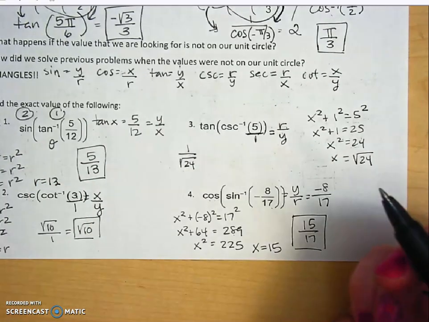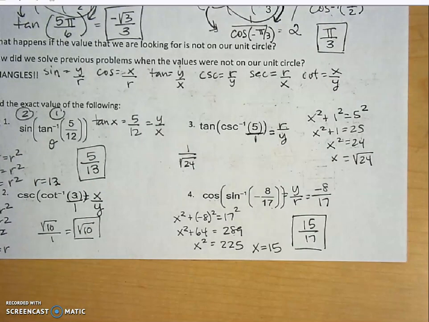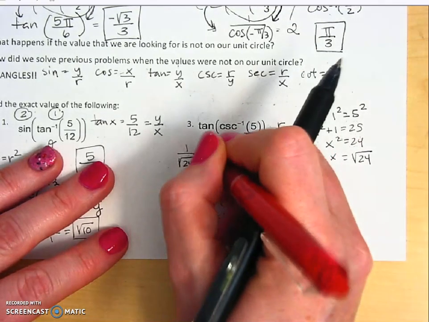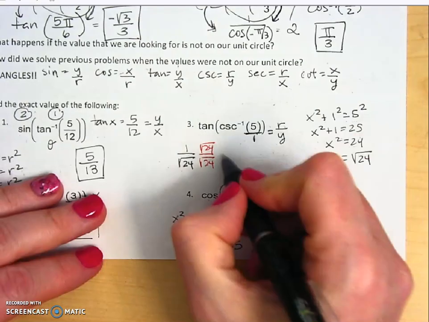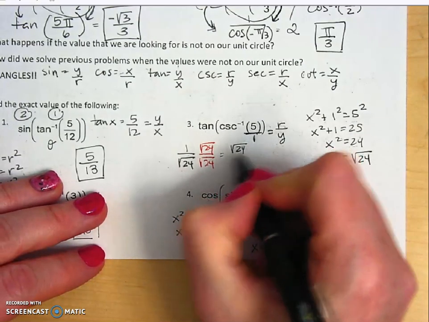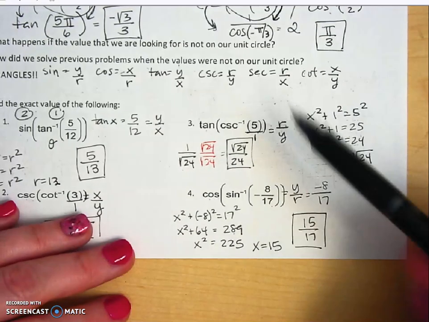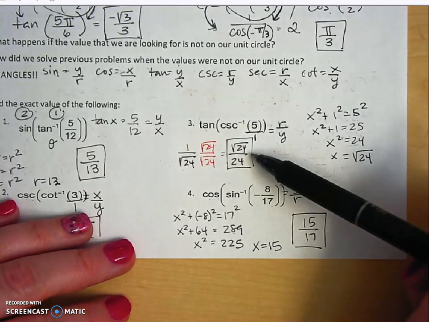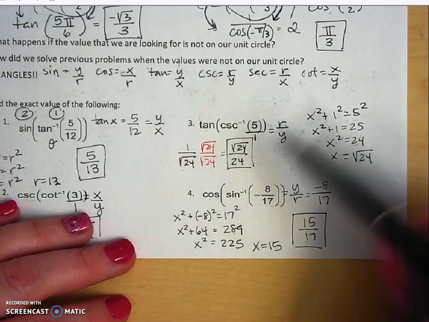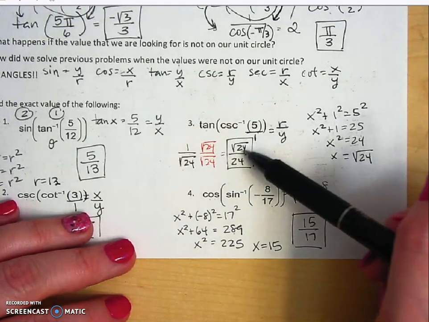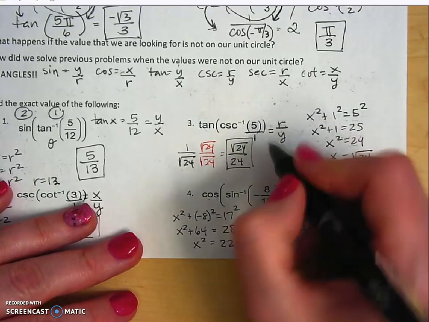I'm going to rationalize the denominator here. So that equals rad 24 over 24. Now, if you have a free response question on your quiz or test, I'll take this answer. But if this makes you twitchy and you feel like you can't rest until this radical is simplified, then that's going to look like this.